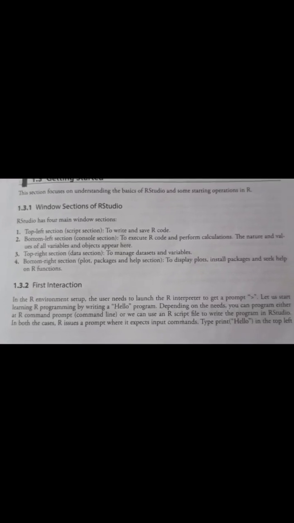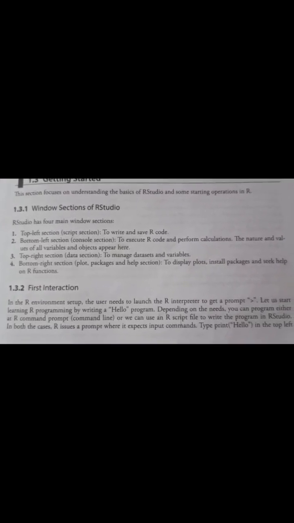The nature and values of variables and objects appear here. The top right section is to manage datasets and variables. The bottom right section is to display plots, install packages, and select help on R functions. So in this way we can download and install R from the Comprehensive R Archive Network, CRAN Mirror.